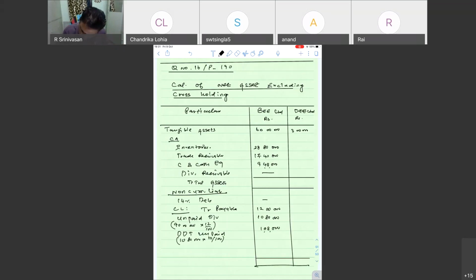Total sum is 60 lakhs. Yes. 1 crore 15 lakh 68,000. And this total I'm taking as it is, 23 lakhs 8,000.